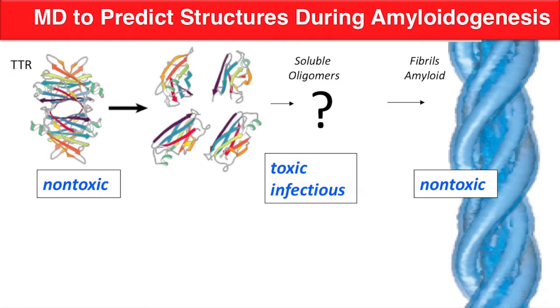While the focus in the area has been on the fibrils and plaques, the amyloid itself at the mature end stage, it's really these intermediate species, these toxic soluble oligomers that are doing the damage 10 to 20 years before you see the plaques. So this is where we were focusing our efforts.